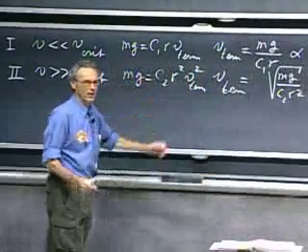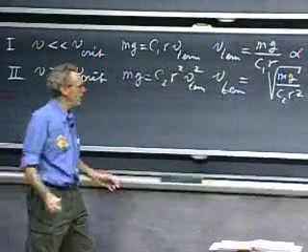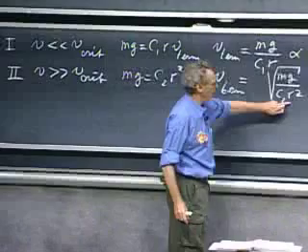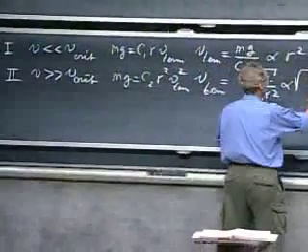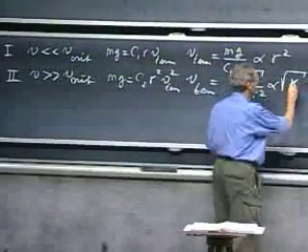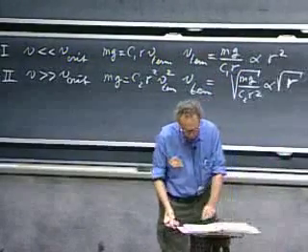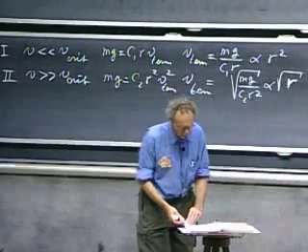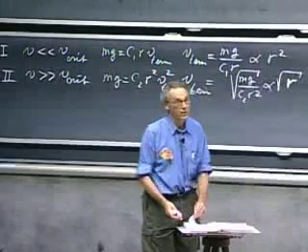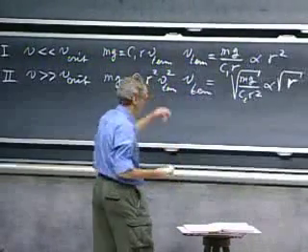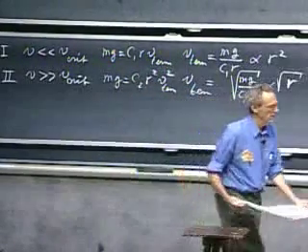And if you take objects with the same density and you compare their radii, m is proportional to r cubed, so this is now proportional to the square root of r. So this separates these two regimes, and we will see examples of that, that sometimes you work exclusively in one, or sometimes in the other.